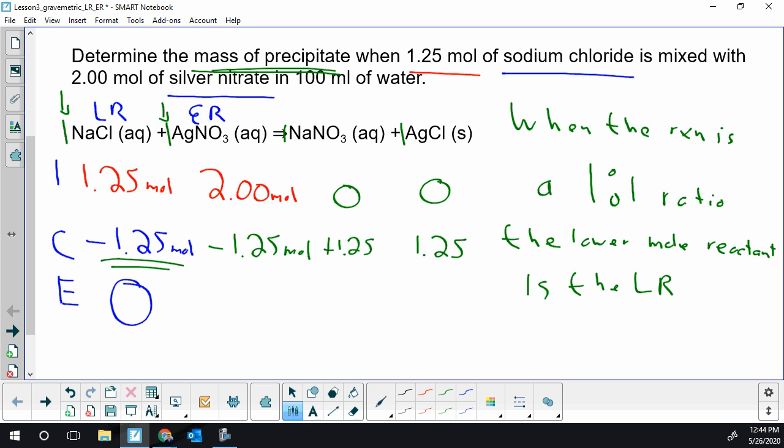There's my precipitate, that's the column I really need to fill out. I'm going to fill them all out to show that you can, but then you would just care about the last one. So the silver nitrate, we start with 2 moles, we react away 1.25, so there will be 3/4 of a mole left over. Sodium nitrate, there'll be 1.25, and silver chloride, 1.25.